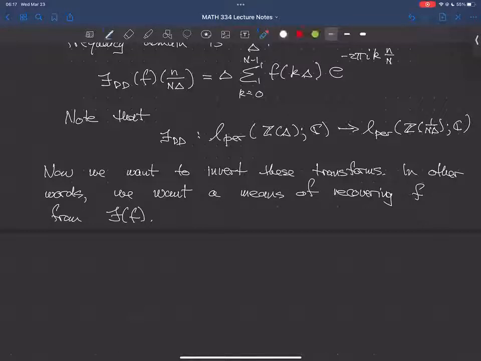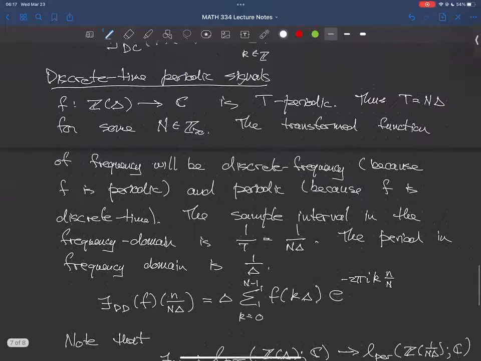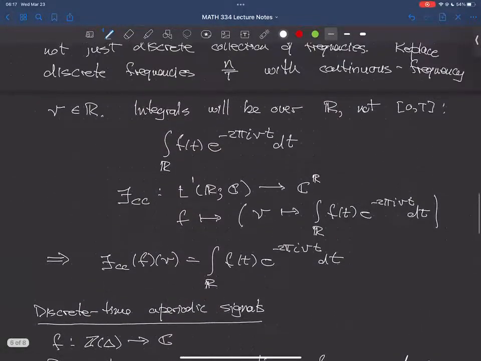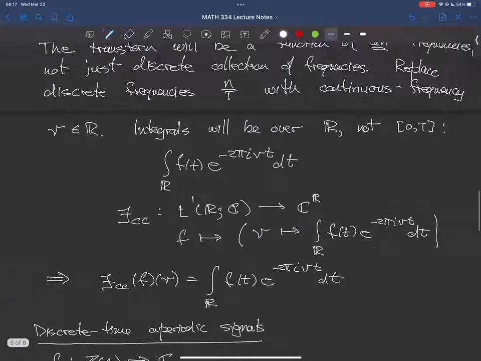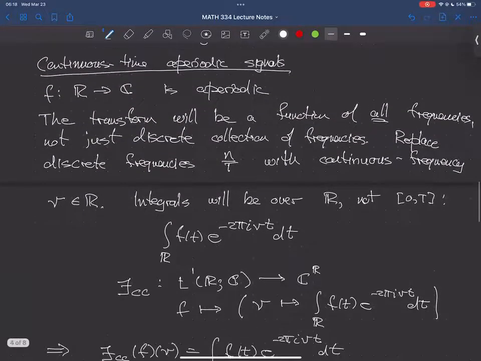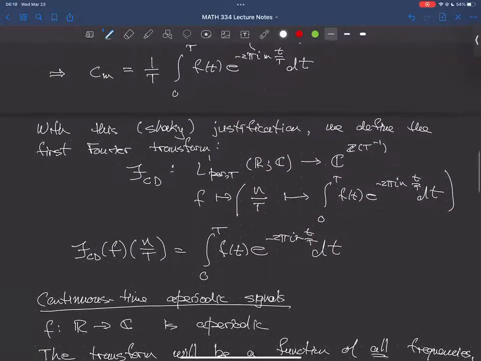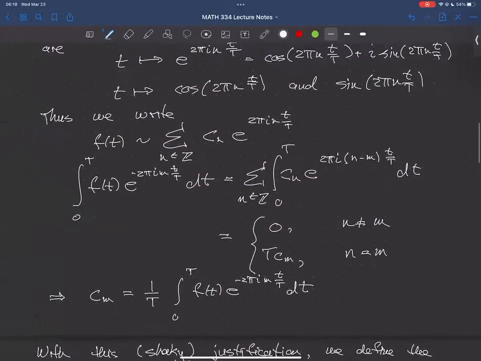Okay, and so there's immediately already, in the case of the CDFT, our justification for how we define this thing already gives us the inverse, right? And the justification is from that formula, okay? Because we know now that these c_n, except for the factor of 1 over T, are just the values of the CDFT of f evaluated at the discrete frequencies n over T, okay?